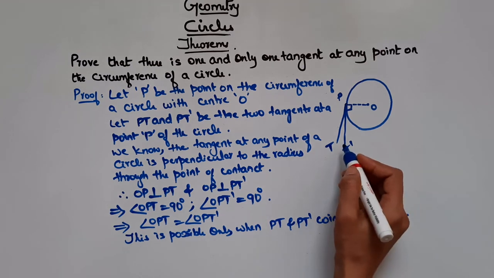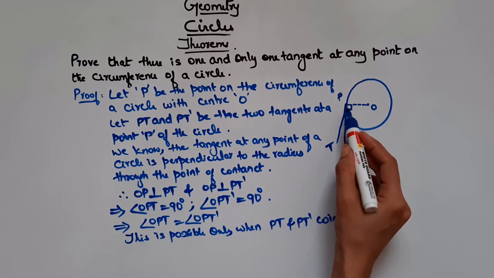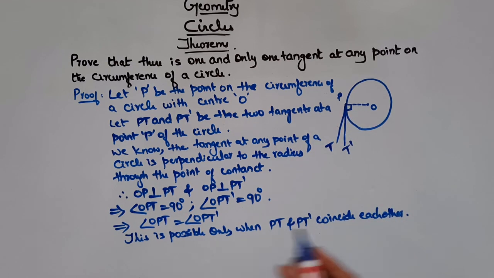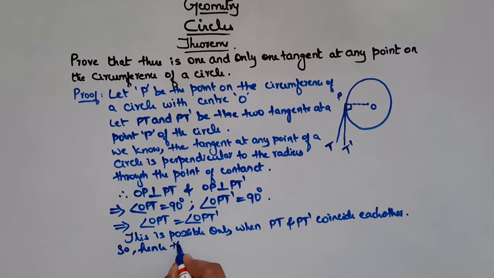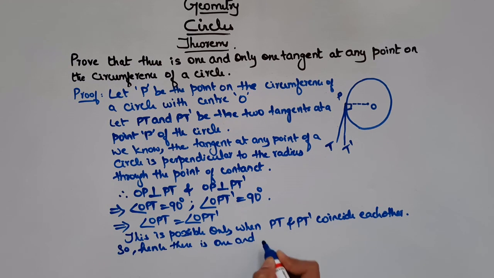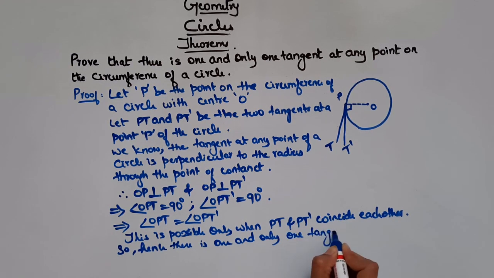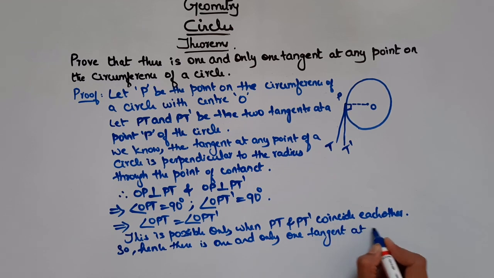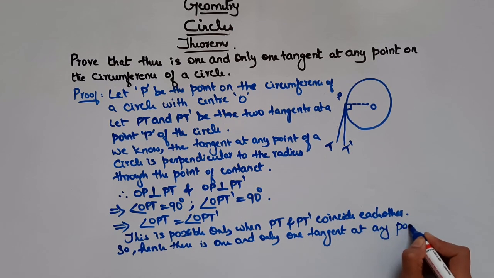So hence we can say one and only one tangent is possible at any point on the circumference of the circle, right? So hence there is one and only one tangent at any point on the circumference of the circle.